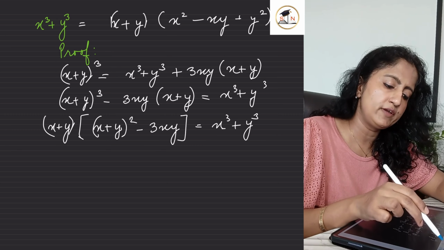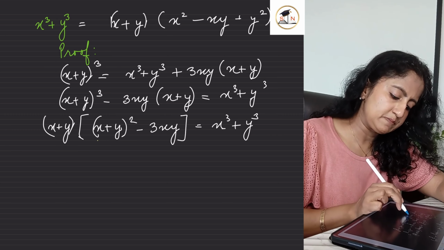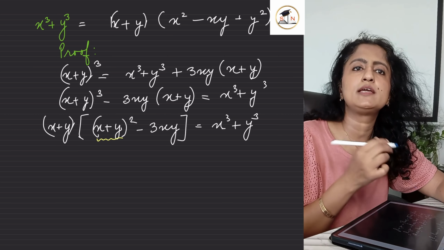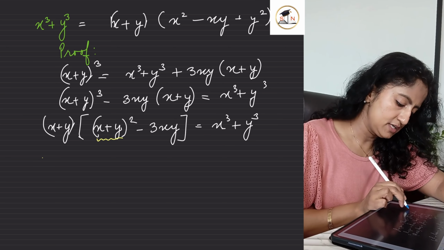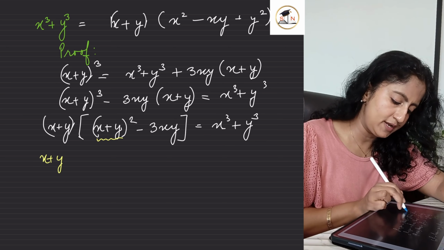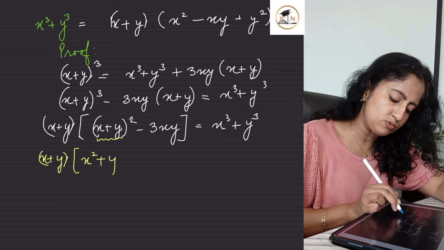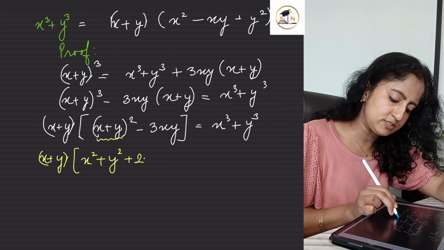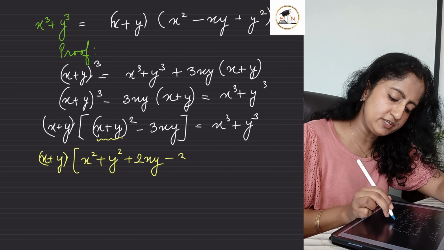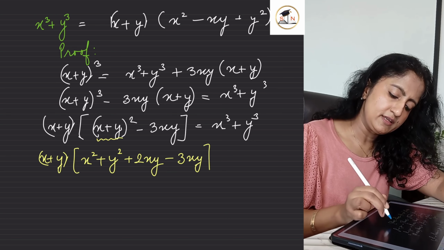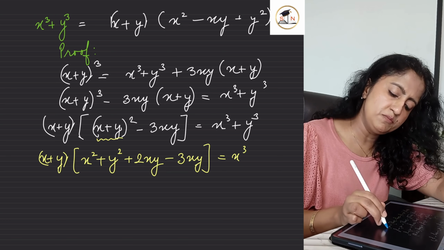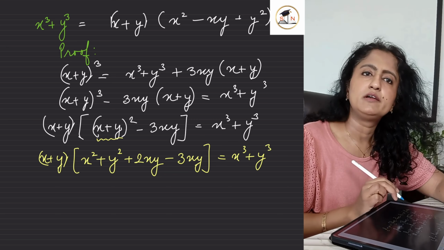Now I'm going to expand x plus y whole square inside the square bracket. That leaves us with x plus y outside. Inside we get x square plus y square plus 2xy minus 3xy equals x cube plus y cube, right?